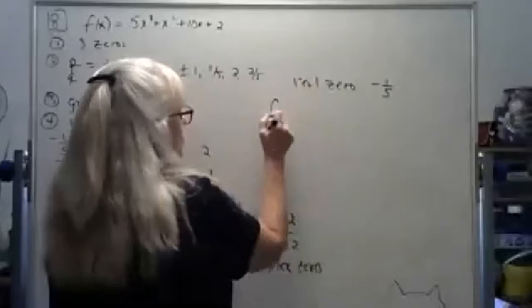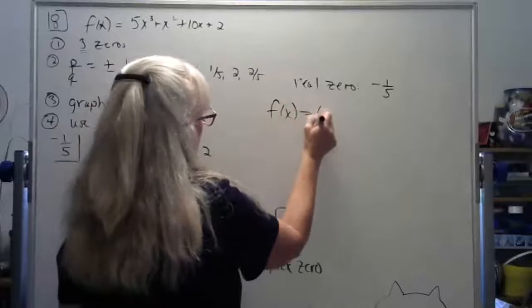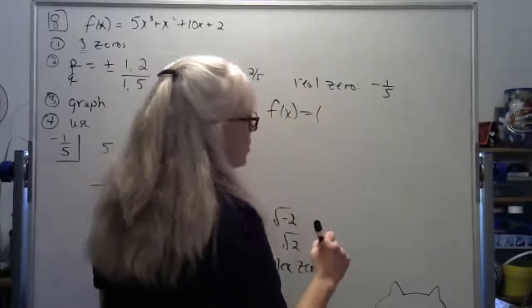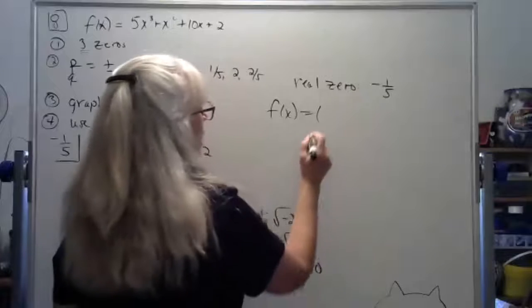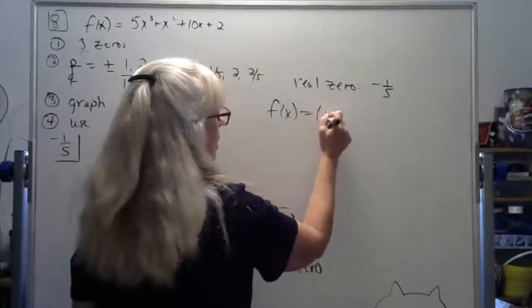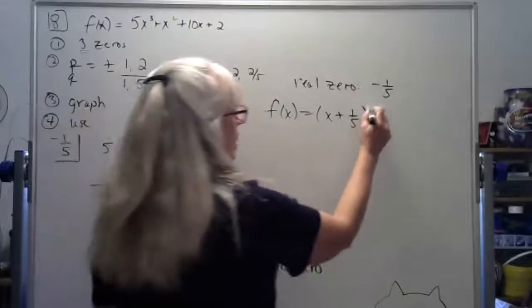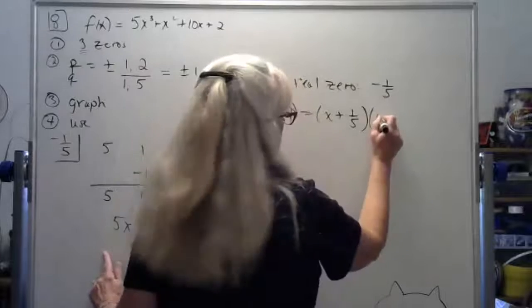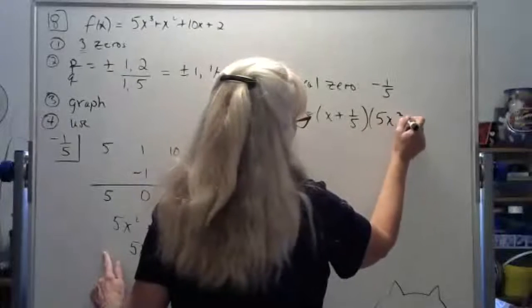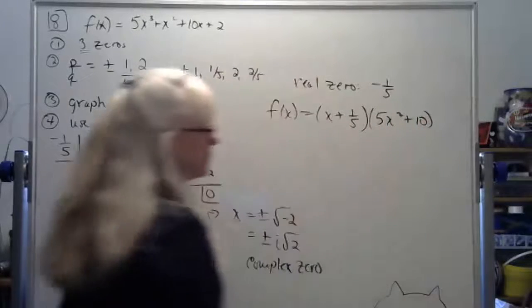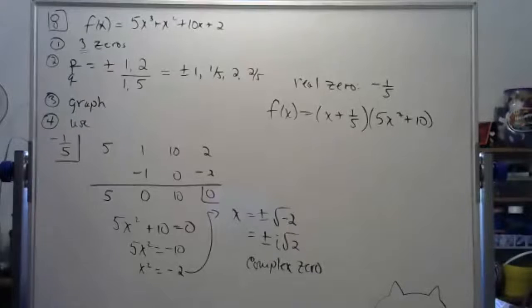So in factored form, f of x factors into, and this is where I'm going to pull a fast one on you guys, if I do x plus 1/5, which is what you probably want to do, and then I'm going to pick up the 5x squared plus 10. Did we see what it is?